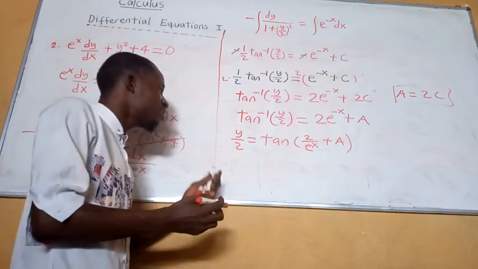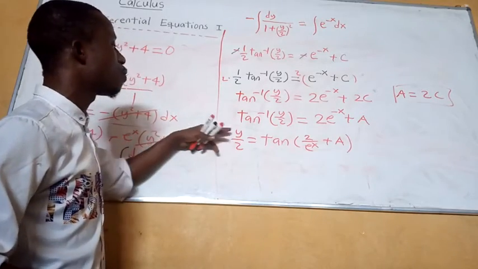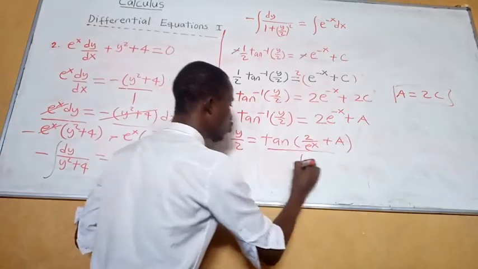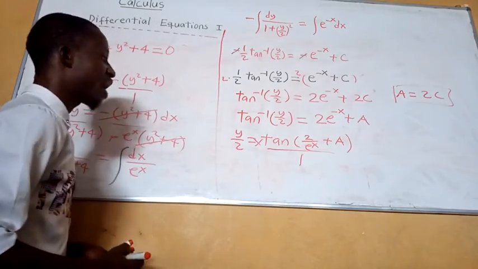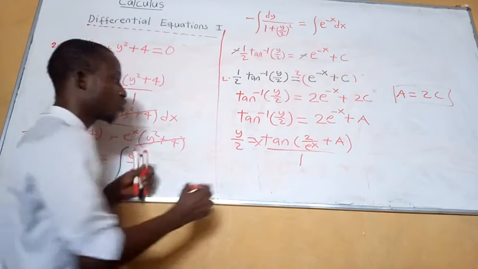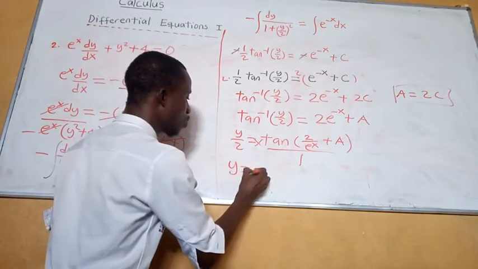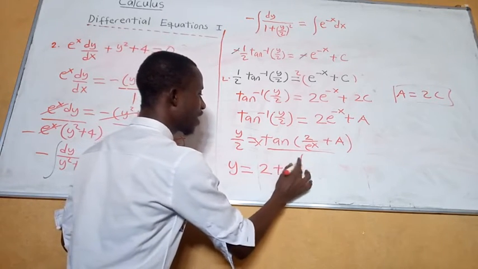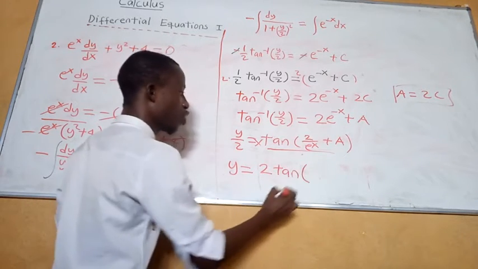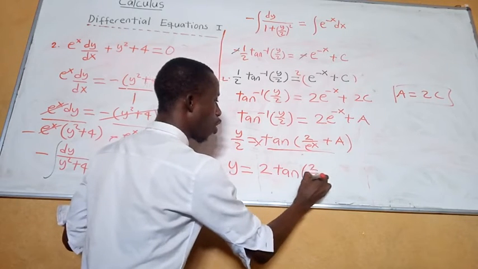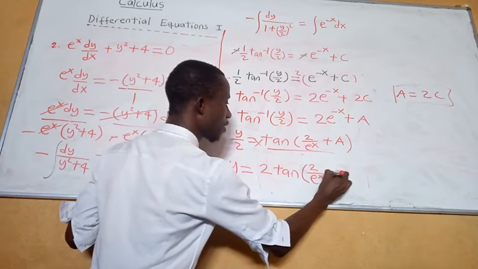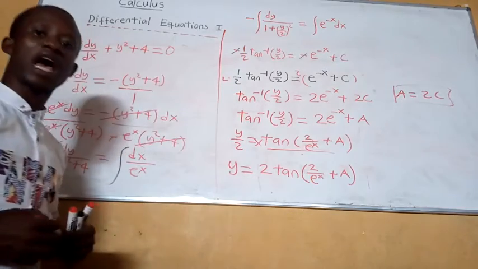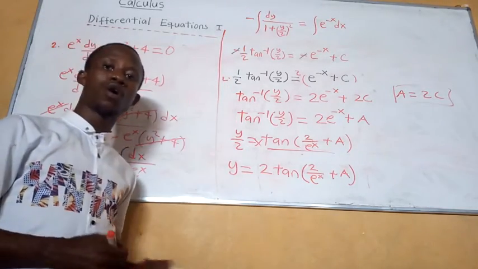We can easily see that it is very easy for us to make y the subject. So we balance this by 1 and do our cross multiplication. So we have our general solution to be y equal to 2 tangent of, open parenthesis, 2 over e to the x plus a. So this is our general solution.